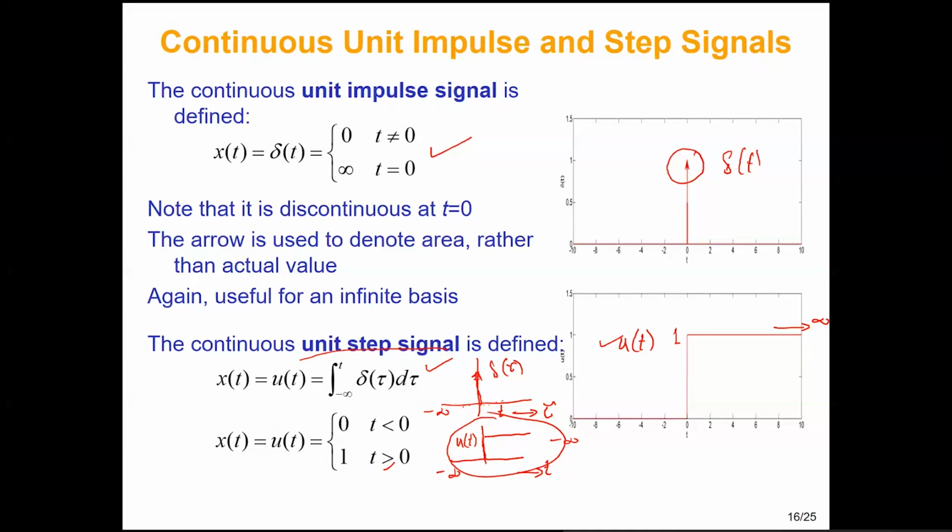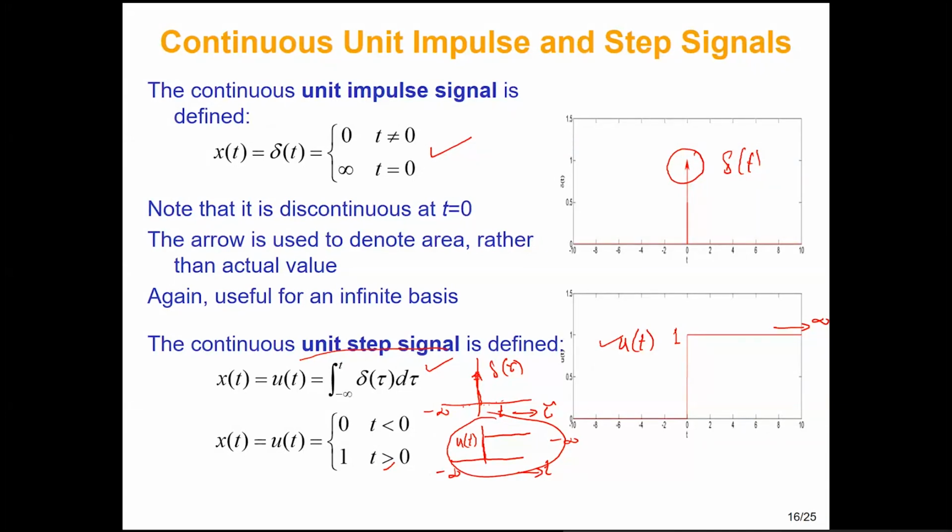Or simply put, we say that integration of delta t up till the time t. Or let me be more technically correct. The area under the graph of unit impulse till the time t is actually your unit step signal. So this is the relationship between both.